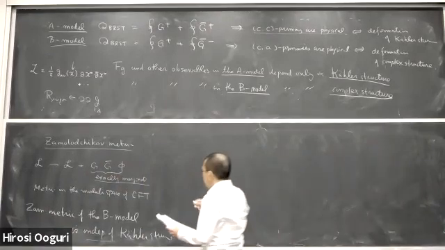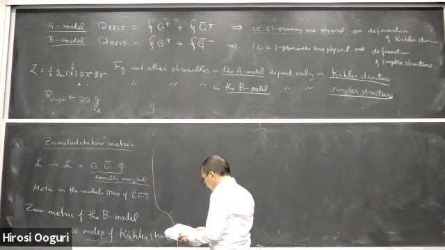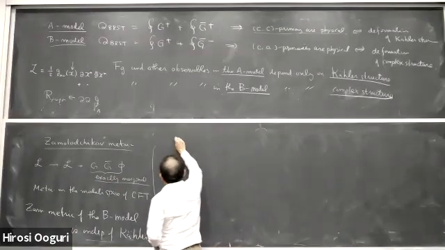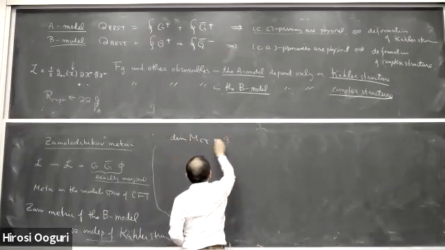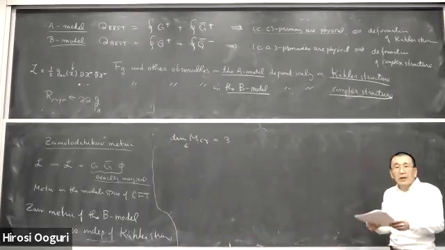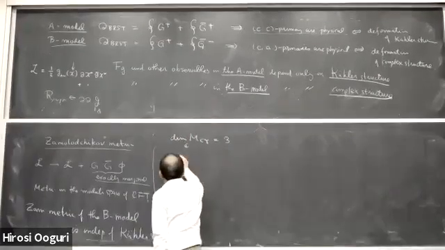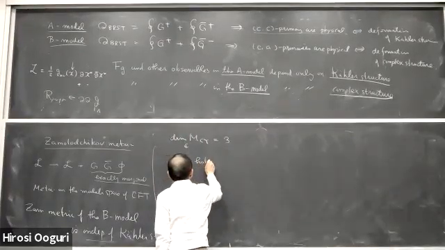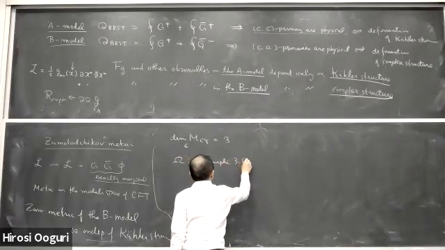Okay, so here's how a mathematician would calculate the metric. For simplicity, let's consider the case where the complex dimension of the Calabi-Yau is 3, so the Calabi-Yau threefold. We can do it in any dimension, but just for notational simplicity. So in this case, we consider the holomorphic three-form.